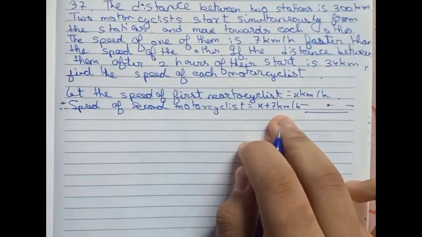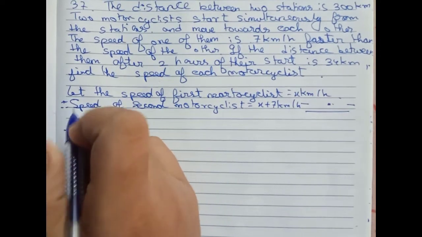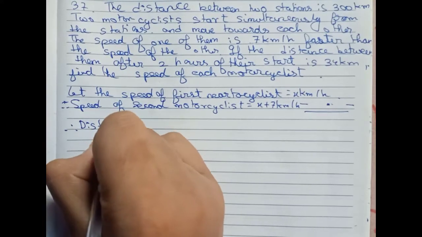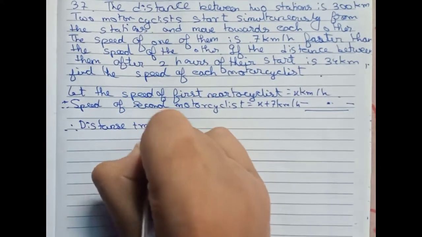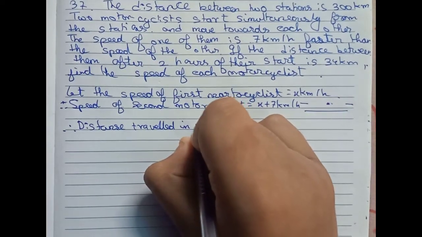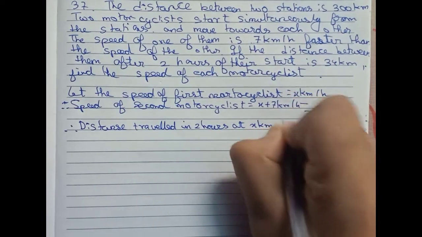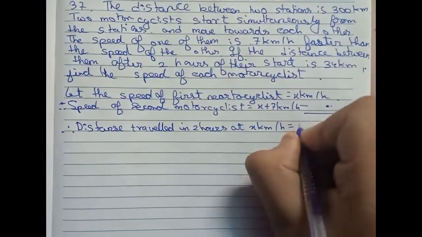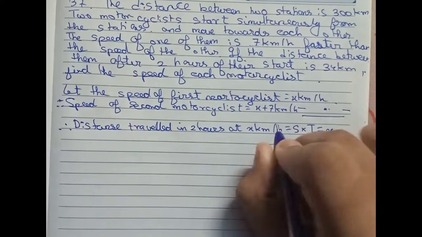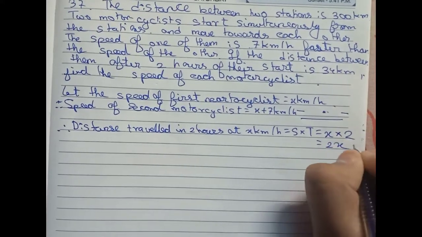So now you write therefore distance travelled in 2 hours at x km per hour. The formula for distance is speed into time, so our speed is x km and our time is 2. So it becomes 2x km.